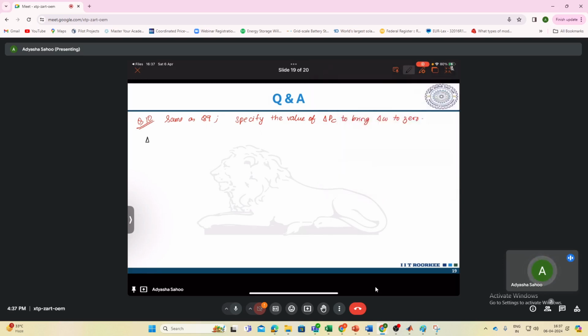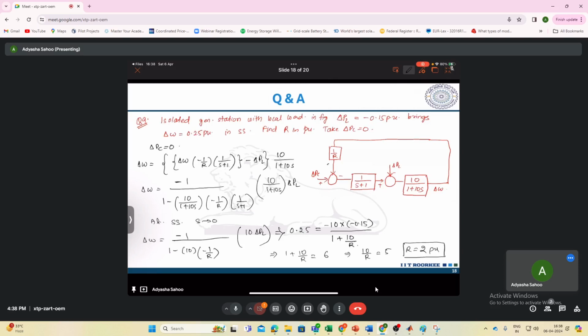So delta omega was, from there you can see, minus 1 by R delta omega. So up to here minus 1 by R delta omega.